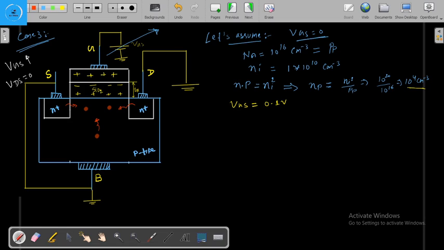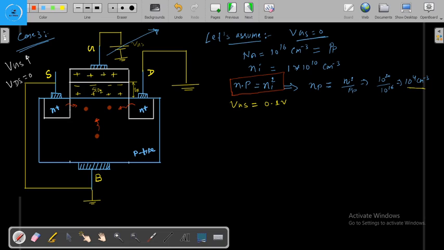So the number of electrons is increasing near the Si-SiO2 interface. Because of the increasing concentration of electrons here, the concentration of the hole will decrease, because as we know that in any type of semiconductor np is equal to Ni square.